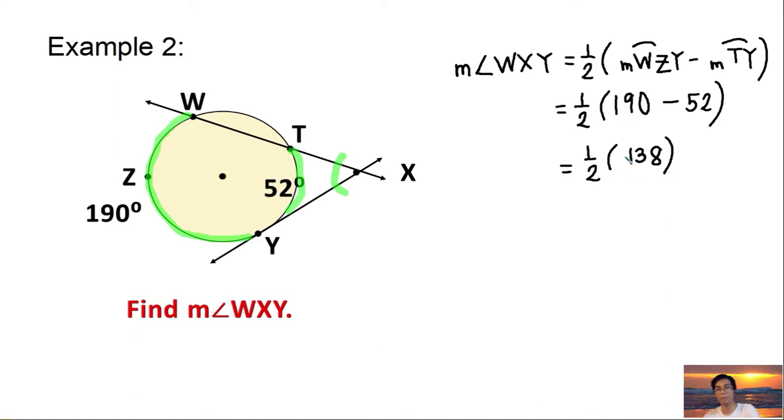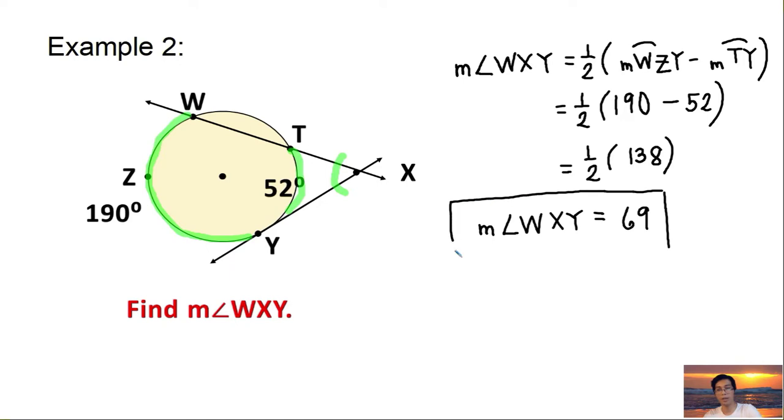Last step, so kakalahatiin na lang natin si 138 or 138 divided by 2. So, the measure of angle WXY is equal to 1/2 of 138 is of course 69. So this is our final answer. Measure of angle WXY equals 69. Next example.